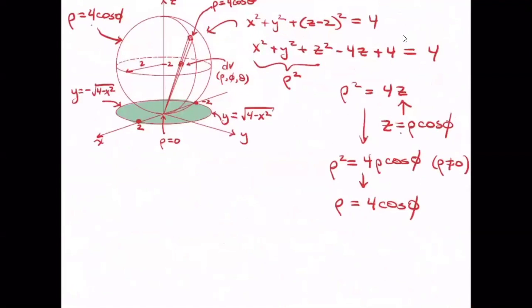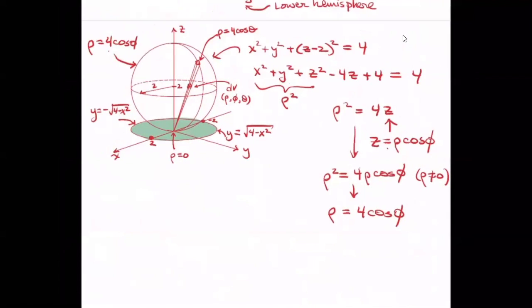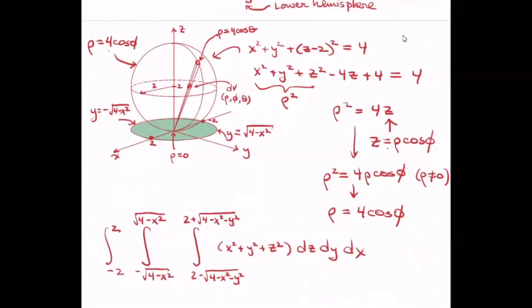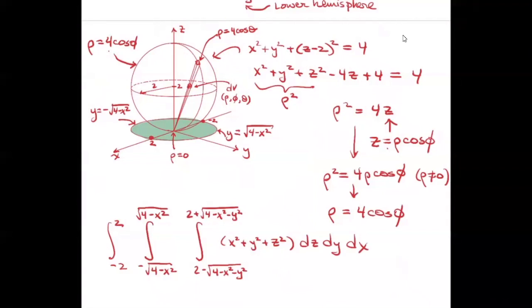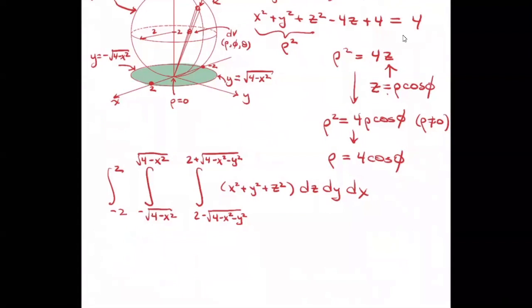I'm going to put this all down below here. For the integral, remember that x squared plus y squared plus z squared is just rho squared.